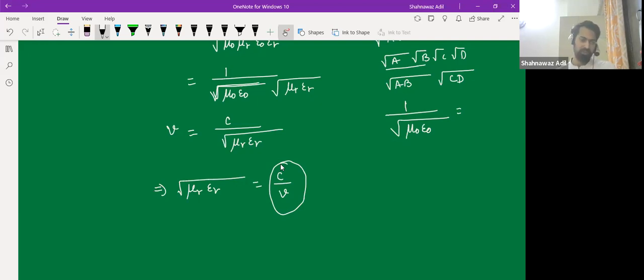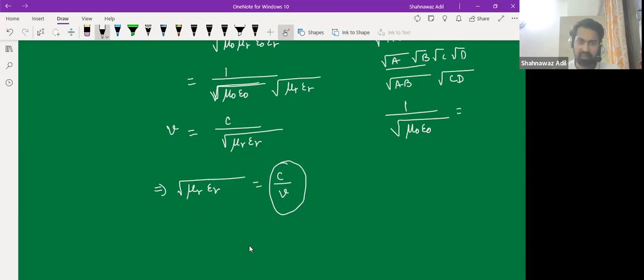What is the ratio of speed of light and speed of light in the medium? Remember your 10th class, and remember the light chapter. So what was this c by v?